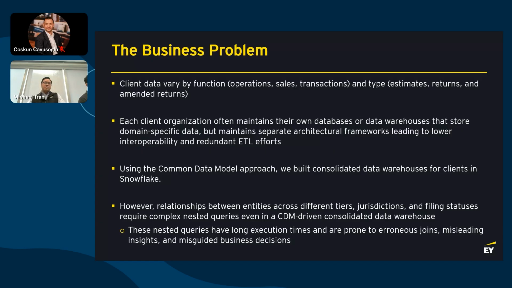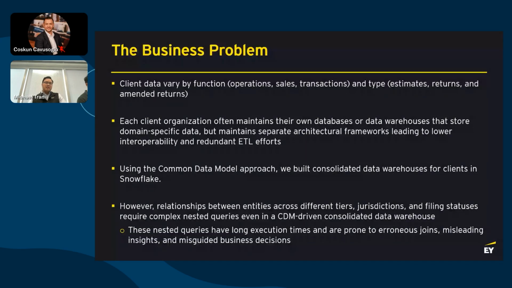Basically, tax is a consumer of data from all across the organization. How do we bring all that information together, get value out of it, and utilize it for the different things we need to, specifically for tax? These are tax compliance processes, such as filing returns with different taxing jurisdictions and sending estimates out to the investors.